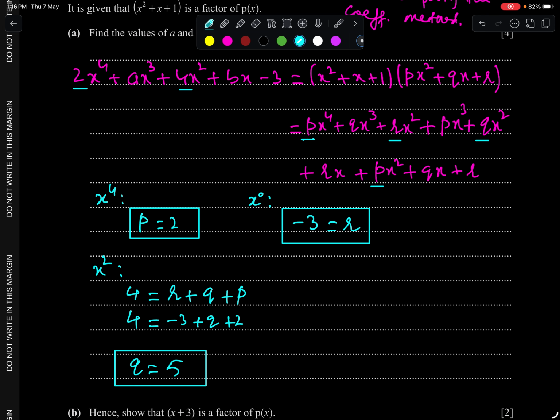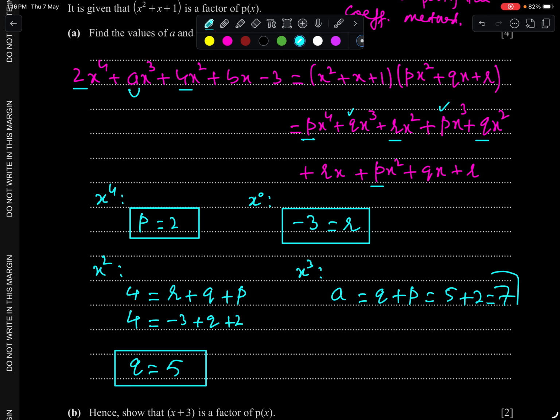Now I am comparing the coefficient of x cube on both sides. It's a on the left side, on the right side it's q plus p. q is 5, p is 2, so a is 7.